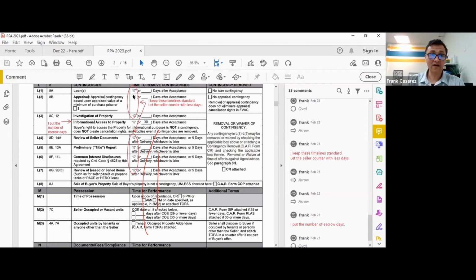We're going to knock the appraisal down to 10 or 7, and the inspection contingency to 7, not knowing that they were going to give you 12 and 10 right there. So I'm not going to let the buyer sell themselves short right off the bat. I'm going to let the price do the talking. If they like the price enough, let them come back and give us an idea where they'd like these contingencies to be.